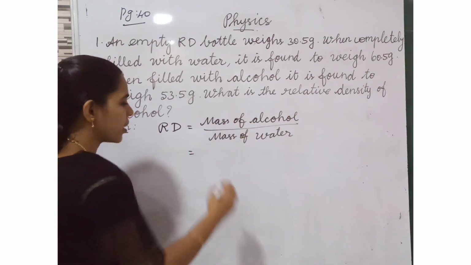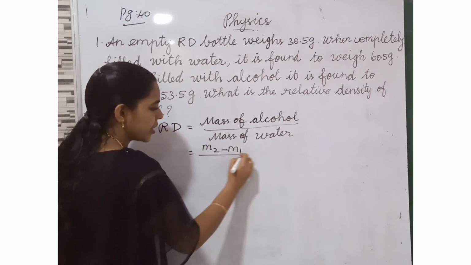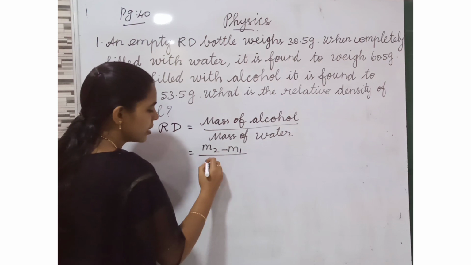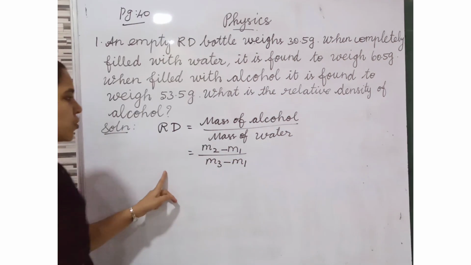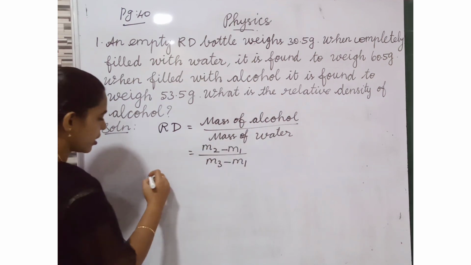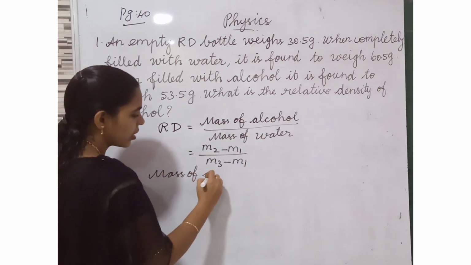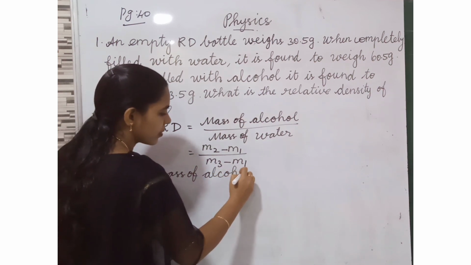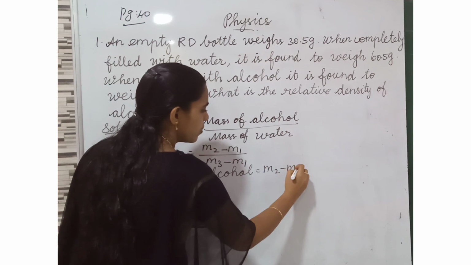What is the formula for that? M2 minus M1, divided by mass of water, M3 minus M1. First we have to find mass of alcohol. Mass of alcohol is equal to M2 minus M1.